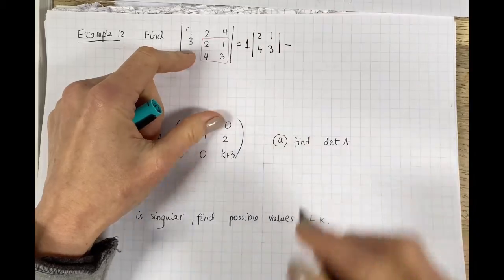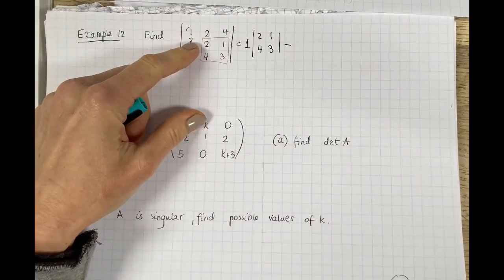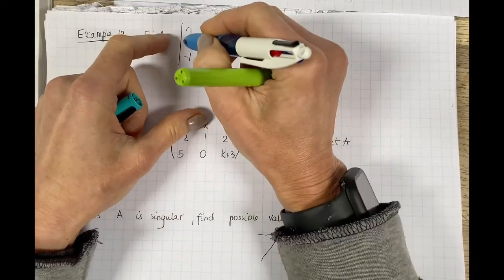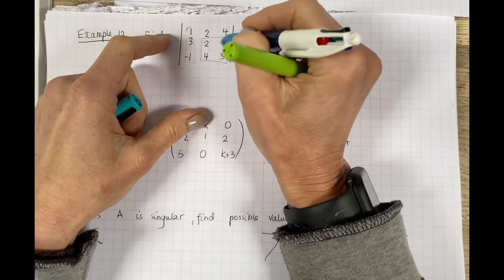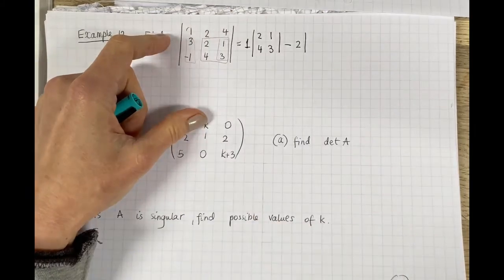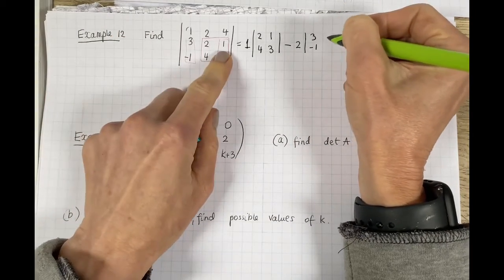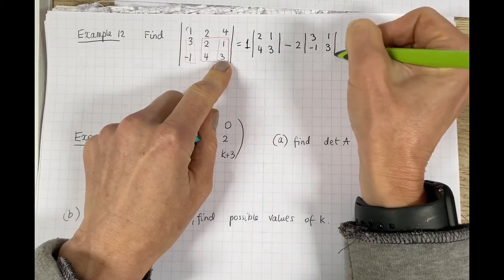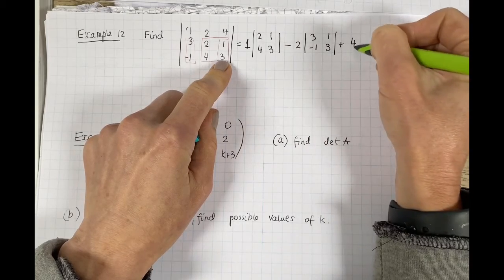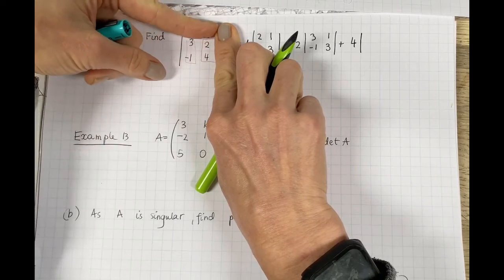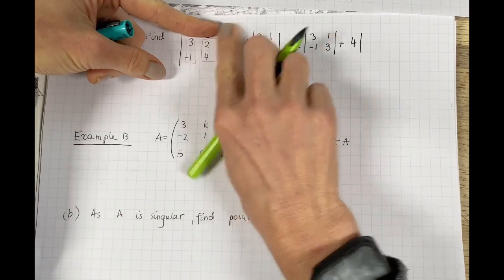And then do minus, you're going to take 2, and you're going to multiply it by the matrix that's left over when you delete the column and row that contains that 2. It's going to be 3, minus 1 and 1, 3. And plus, the last one is going to be 4. And if you cover these 2, you'll be left with 3, 2, minus 1, 4.